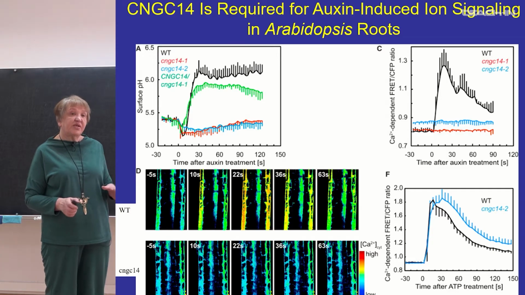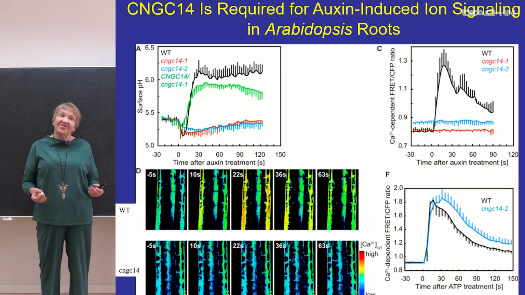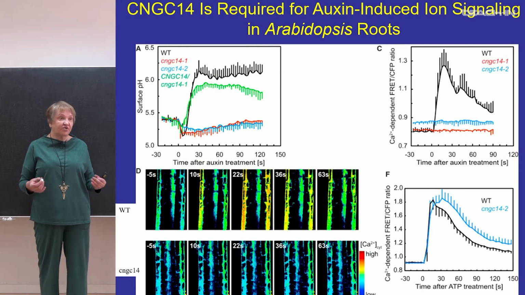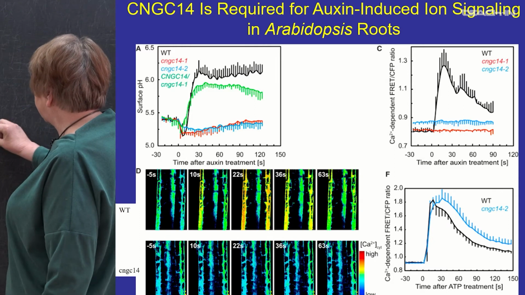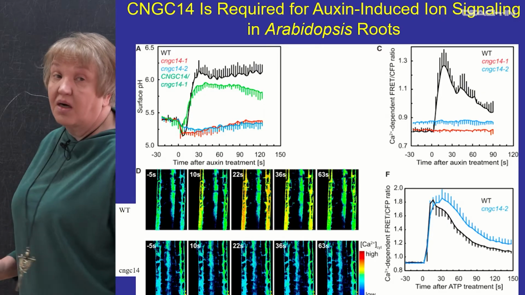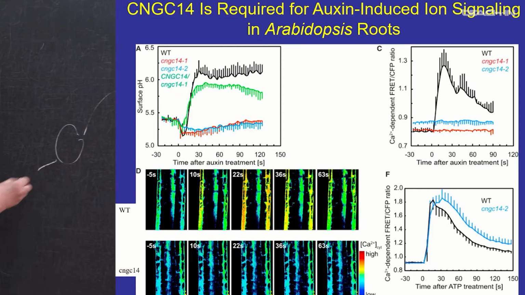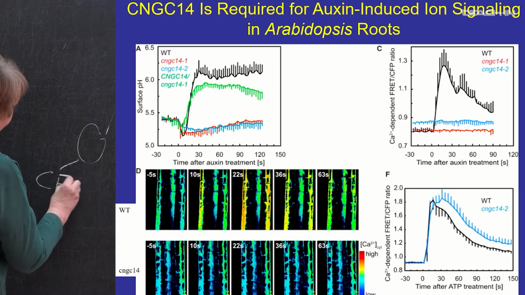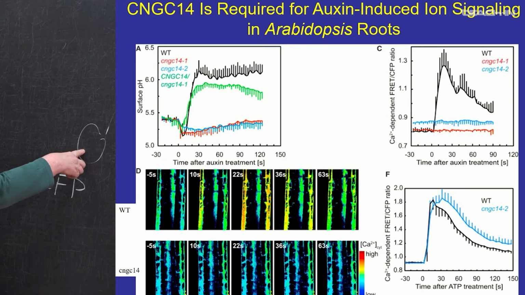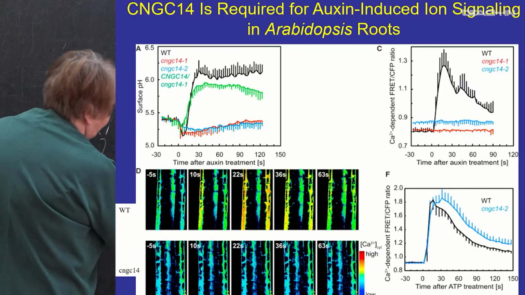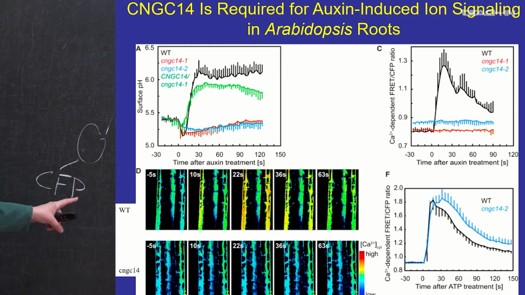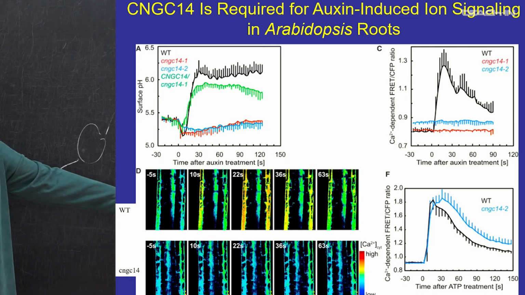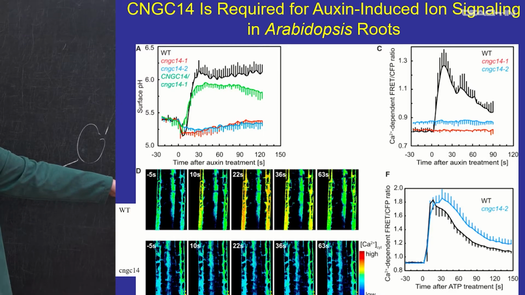I would like to tell you a little bit of how this FRET was measured. You know that calmodulin changes its conformation when it's bound to calcium, right? So what was done is one fluorescent protein was added to one part of the calmodulin and another one to another side of calmodulin.